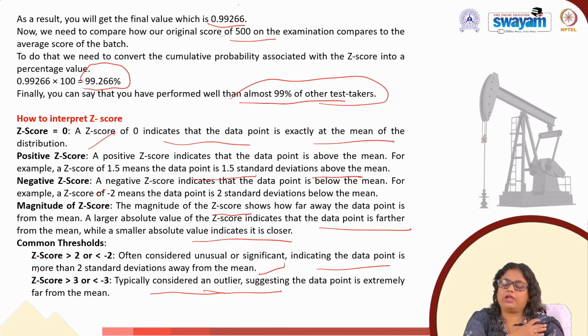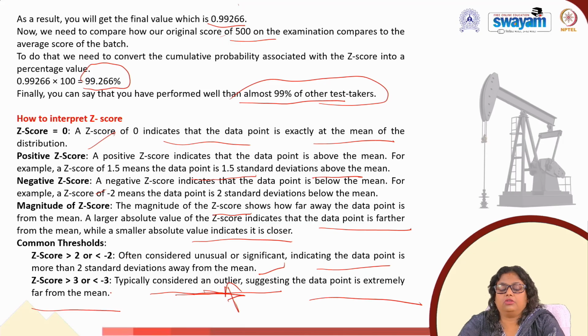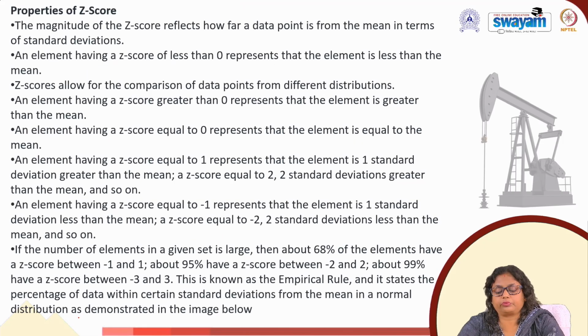So the Z score value here we are correlating with the outlier. Calculating this value gives the idea of the outlier, and when we have the outlier information, we are able to identify the data point which is an outlier from the Z score calculation. That suggests the data point is extremely far from the mean. So this is the common threshold with respect to the Z score.